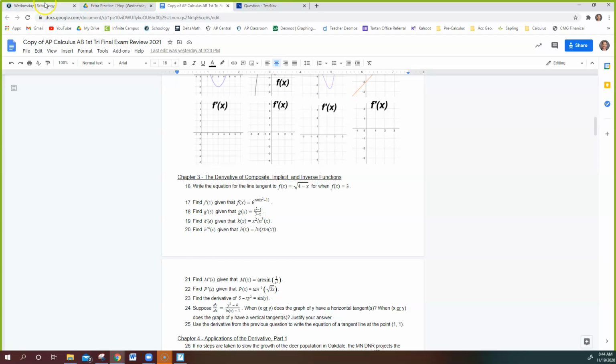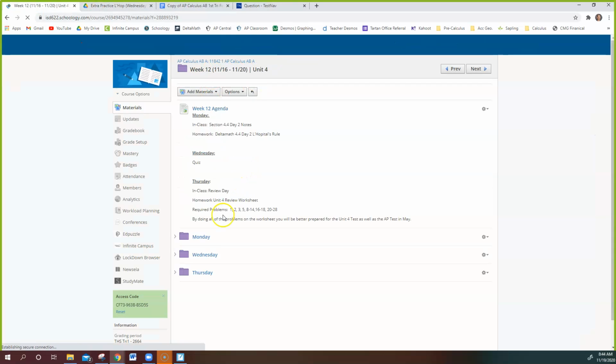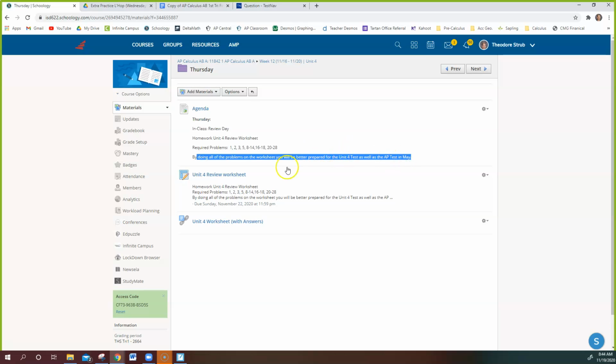So with that being said, here's kind of our agenda for today. Notice it says in-class review day, so we just kind of talked about it. Then you're going to spend the rest of the time in class working on this review worksheet, doing the required problems, or doing all the problems to better prepare you for the AP test and this test next week.